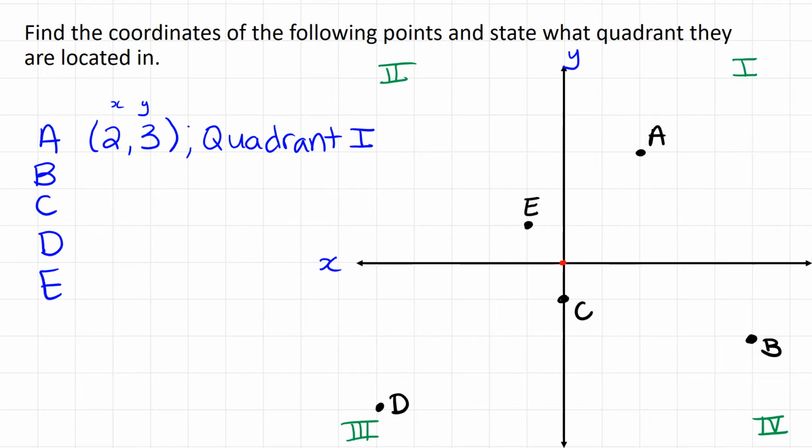So we went in the negative direction 2. We didn't go up 2, it would have been a positive 2, but because we went down 2, it's negative 2. So my answer for point B is (5, -2). And it's in quadrant, we've already got it labeled, 4.